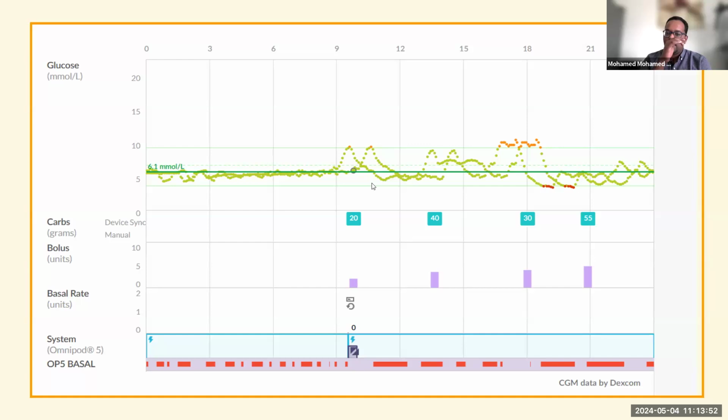So the pump works on the predictive glucose values, not the actual values. It works on the trends. When it was spiking here, it was giving insulin. But at this point in time, there are two insulins on board: the basal insulin working and the bolus insulin given. And this helps the blood glucose go down quite rapidly.